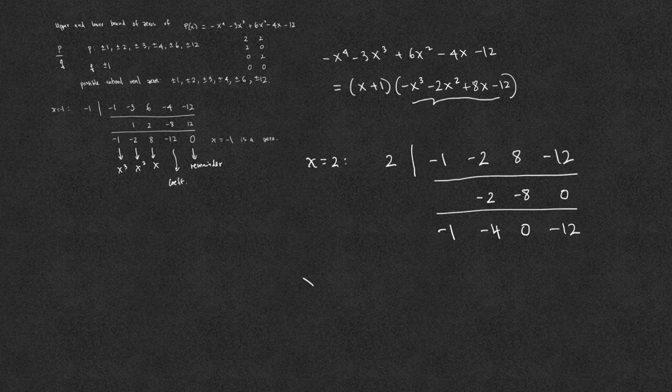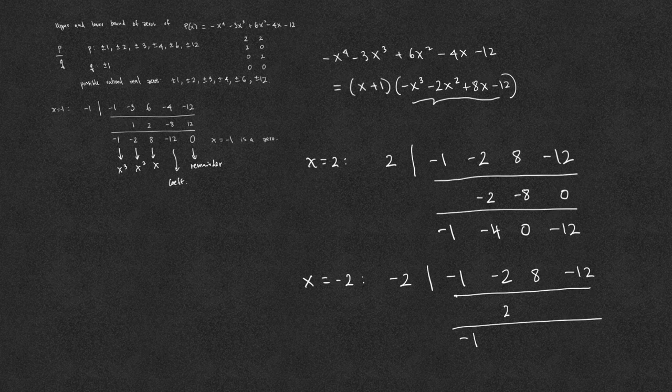And then we keep doing this. Unfortunately, we check to see if negative 2 is a zero by performing synthetic division. The coefficients of the quotient are negative 1, negative 2, 8, negative 12. Bring down negative 1. Negative 1 times negative 2 is positive 2. Negative 2 plus 2 is 0. 0 times negative 2 is 0. 0 plus 8 is 8. And 8 times negative 2 is negative 16.